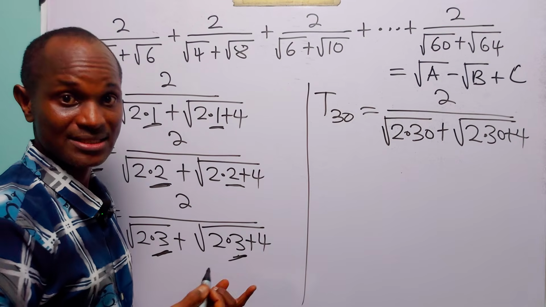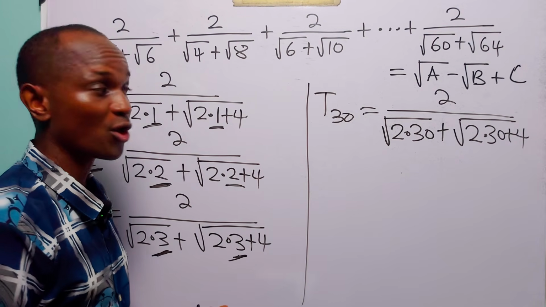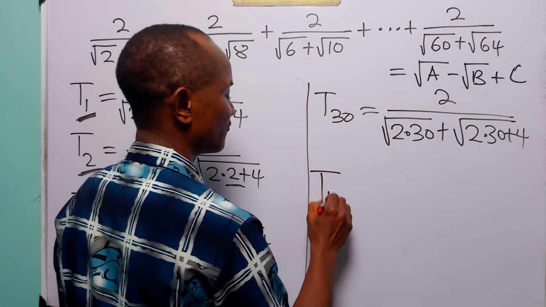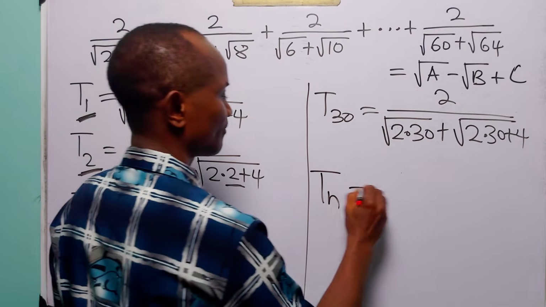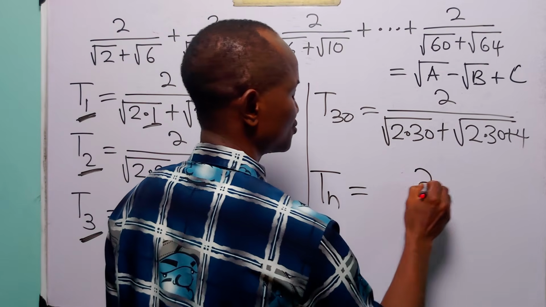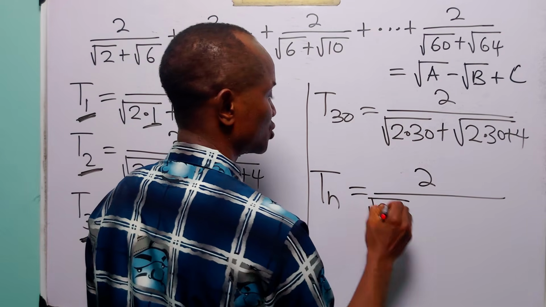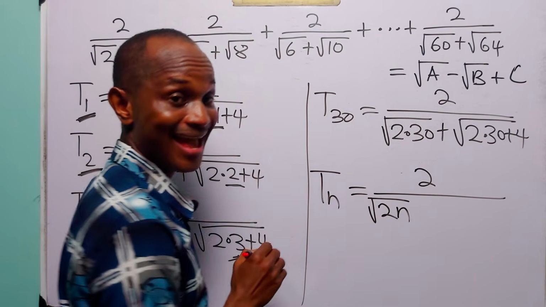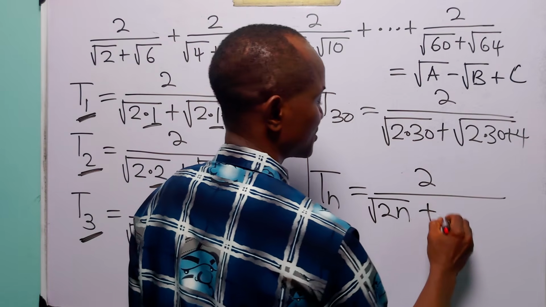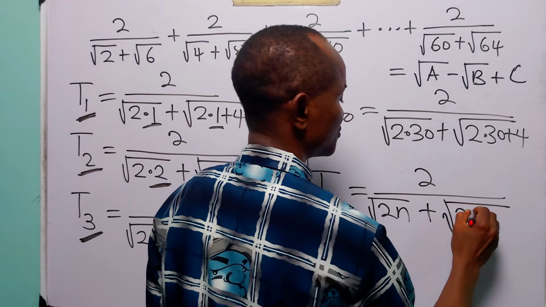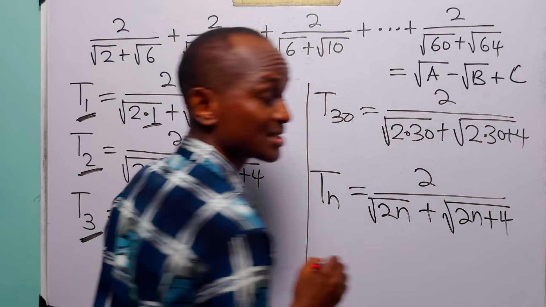Now, it will be very easy for us to find the formula for the nth term. This is going to be 2 divided by the square root of 2 times n plus the square root of 2 times n plus 4.